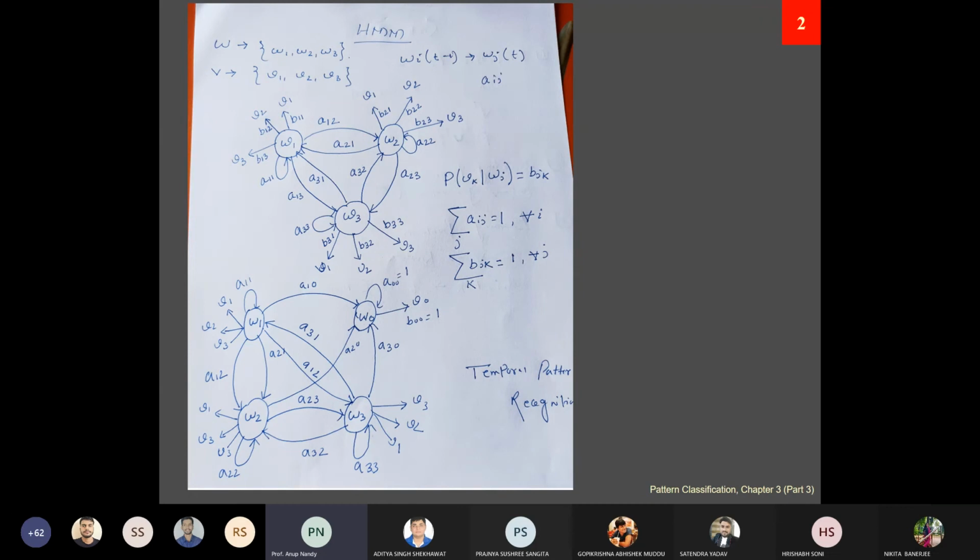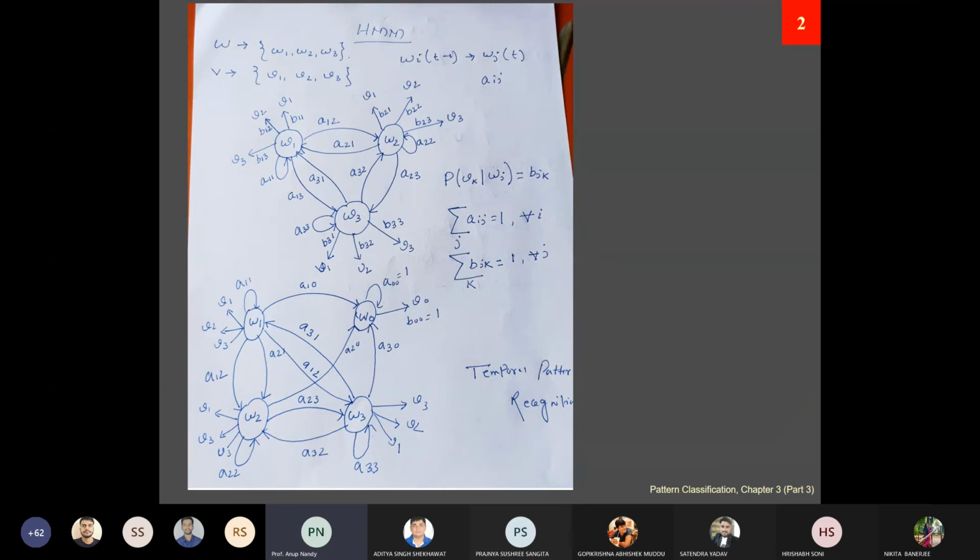So Aij is called the transition probability, and Bjk is called the emission probability. In Bjk, j means the states and k means the output symbols, V1, V2, V3, Vk. So j means a particular state.